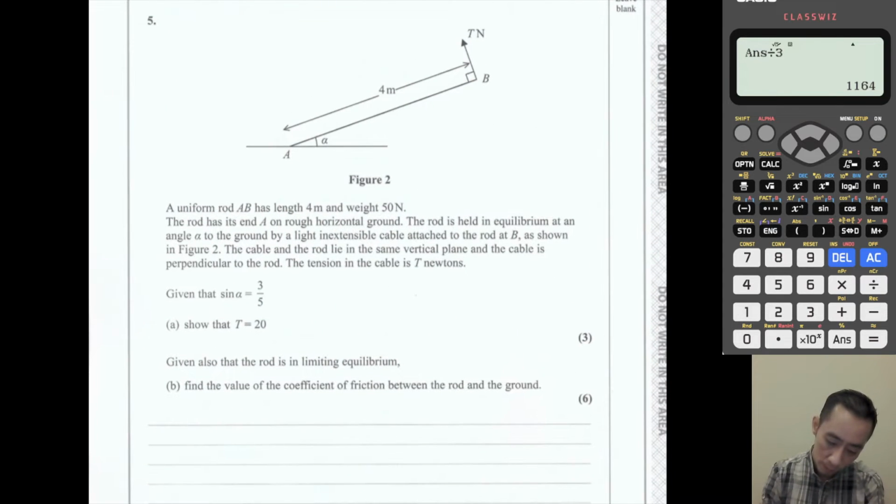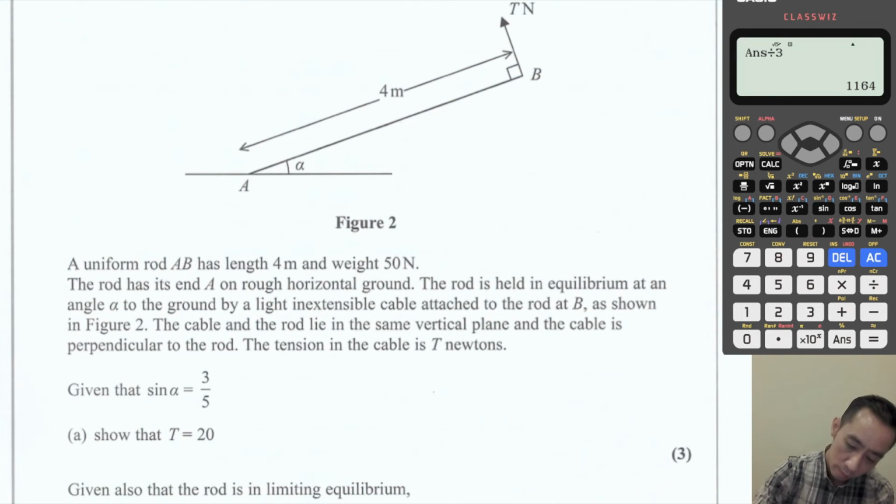Question 5. A uniform rope AB has length 4 meter, weight 50 Newton. For this one, the rope, we assume that the middle is the center of mass, 50 Newton. So this is the first information.